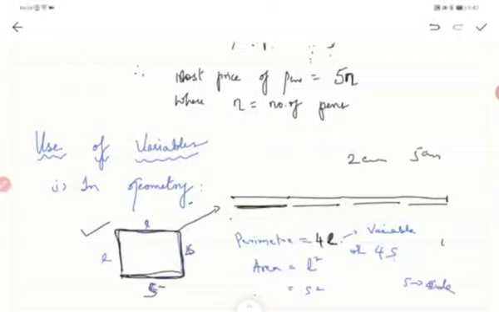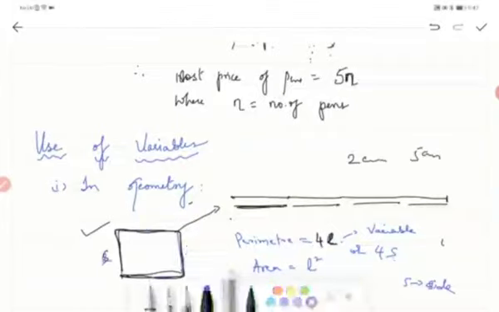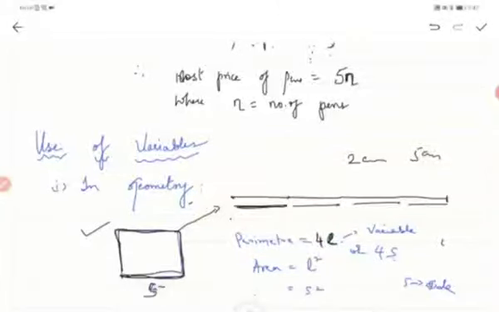In a square, all the sides are equal, right? So if you take one side as X, then all the sides will be X. Depending on what variable you take, normally in formulas you will see either L or S. S represents side. So the perimeter is 4S. What is this S?